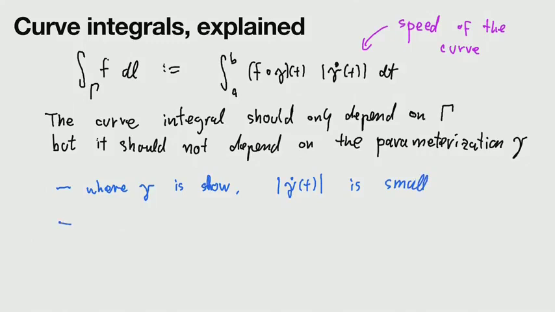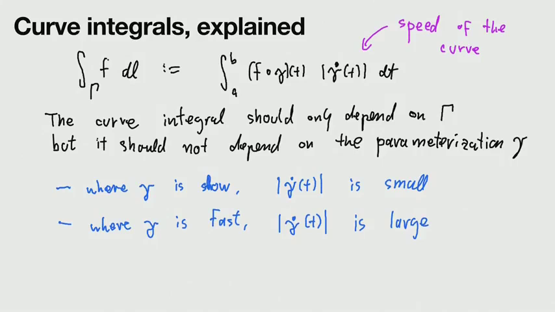And on the other hand, where gamma is fast, the speed will be large. So if I've got a curve with some parameterization, it might be that this parameterization rushes through the curve at some points and is very slow in other areas of the curve.